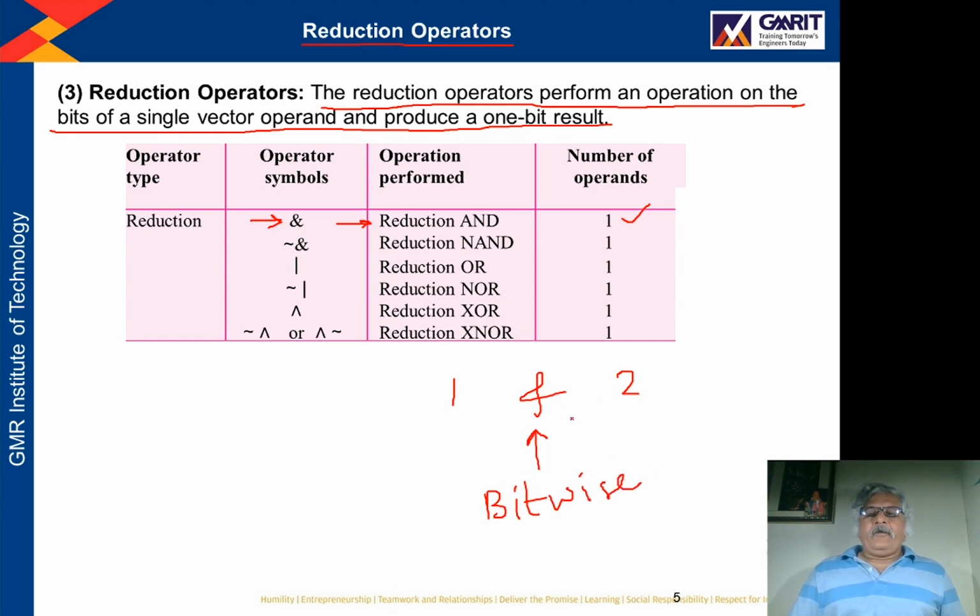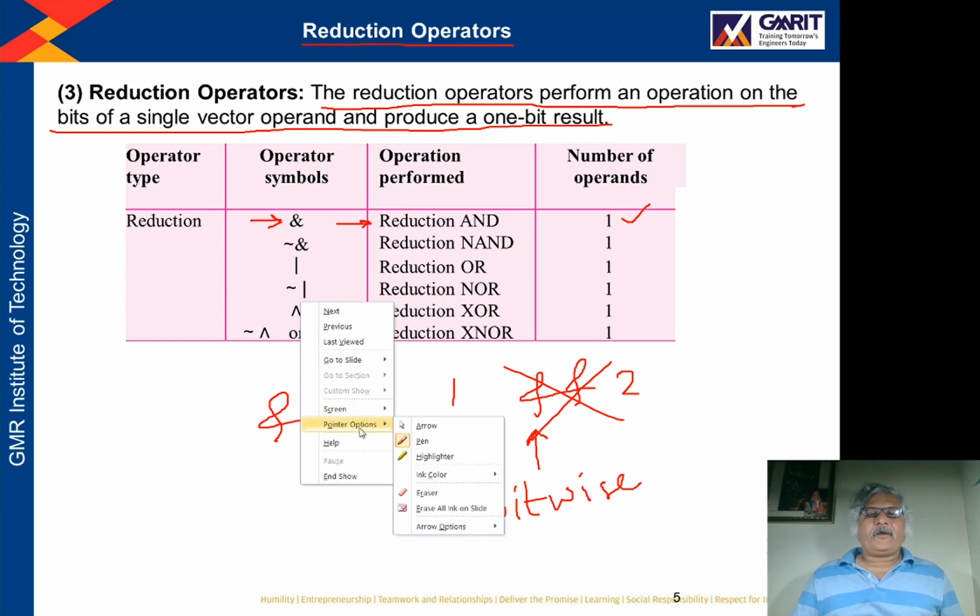But if you use 2 ampersand symbols, then this is the case of logical operator. But if we have a single ampersand, and the operand is also 1 in place of 2, then this is the example of reduction operator. So we will see this in detail.